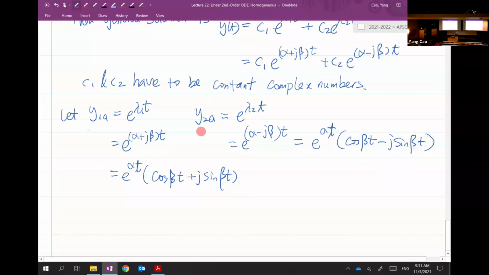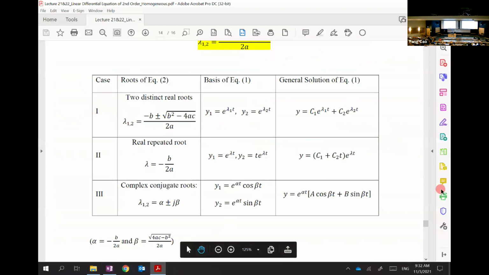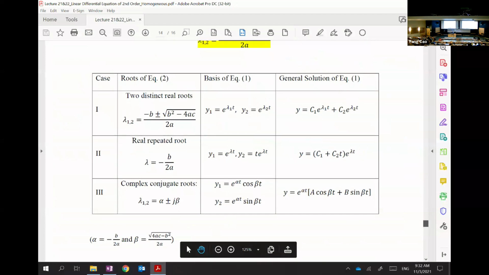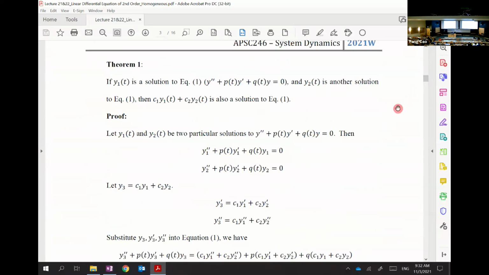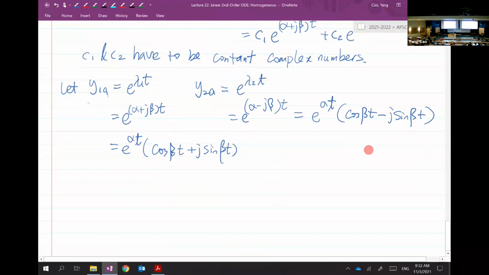So how can I create a real particular solution based on the two given complex particular solutions? If you recall the first theorem: if y1 of t and y2 of t are solutions, then c1 y1 of t plus c2 y2 of t is also a solution. So you can create a different solution using this theorem number 1.